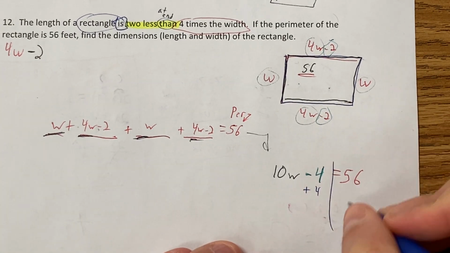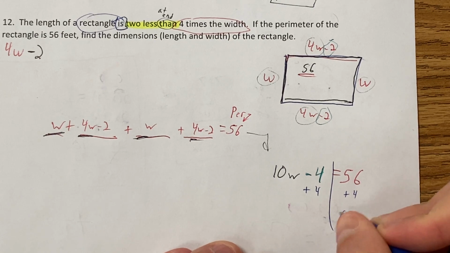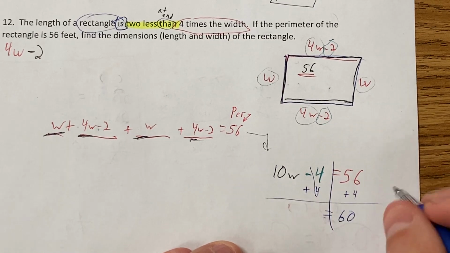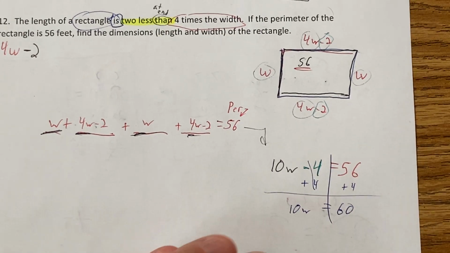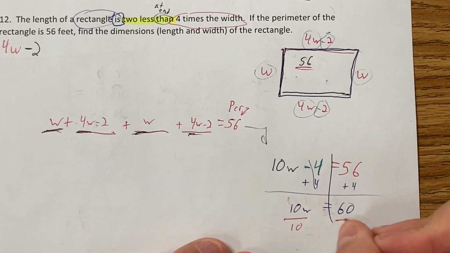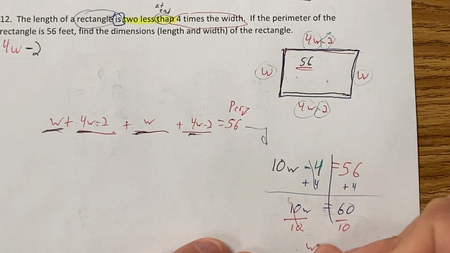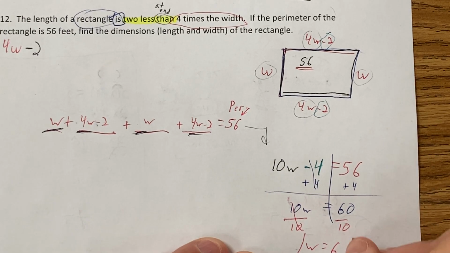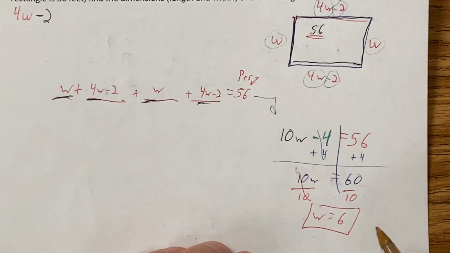So add 4 to both sides, and you get 60. And then divide by 10 to get W equals 6. So the width is 6.